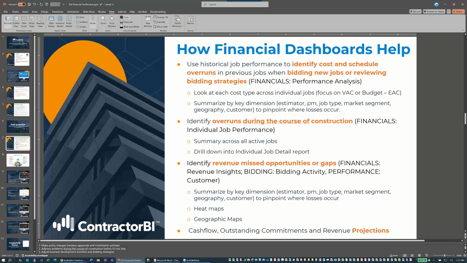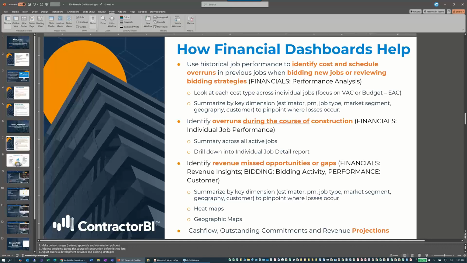And you can break this down by labor, materials, equipment, of course, all that. But then you can break it down all the way down to the cost code level. And then you can look at this by estimator. Who's actually estimating these projects? Who's running these projects? Who are the project managers? You can look at market segments, geographies, customers, and really zoom in and figure out where you've made mistakes in the past.